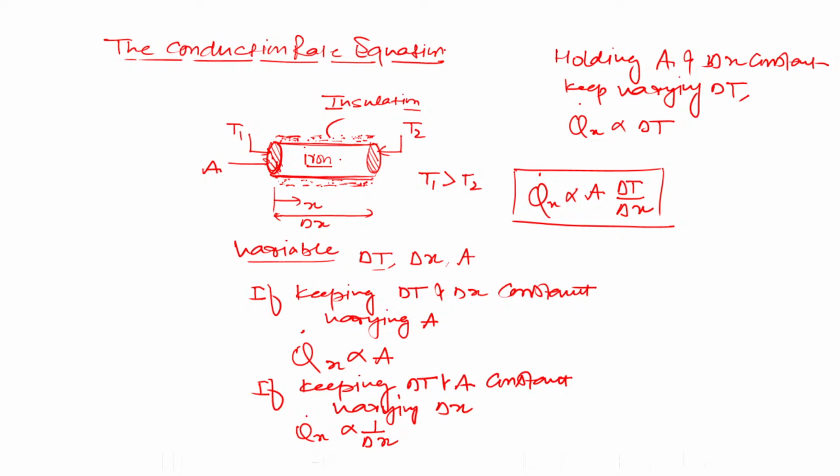This proportionality constant may be converted to an equality by introducing a coefficient that is a measure of the material behavior on the rate of heat transfer. Okay, so this Q dot x I can write as K A into delta T upon delta x, where K is thermal conductivity.